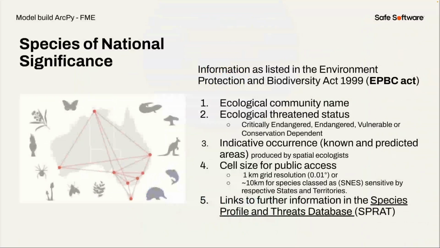It has 5 key attribute components: the community, the status, some kind of indicative occurrence, and that is obviously a spatial area, be it known or predicted that these species occur there. And for our raster processing here, we're going to talk to how we generalize the information to a 1 or 10 kilometre grid. More on that shortly.